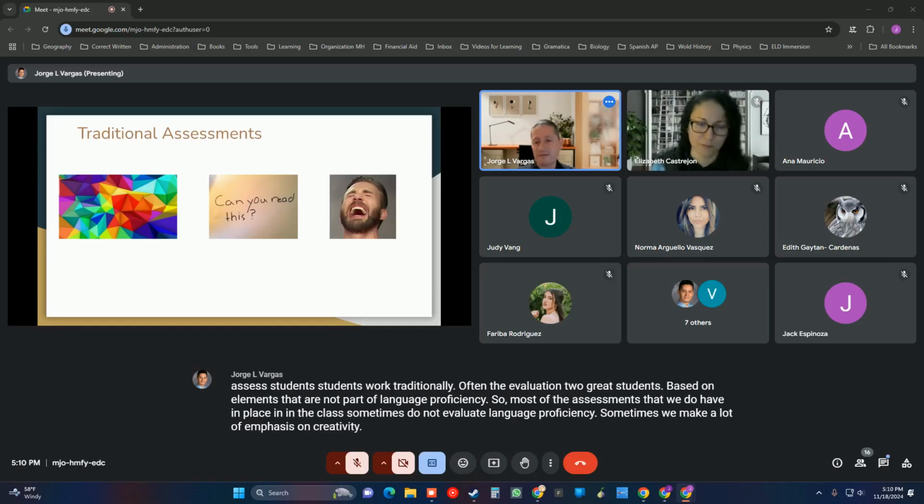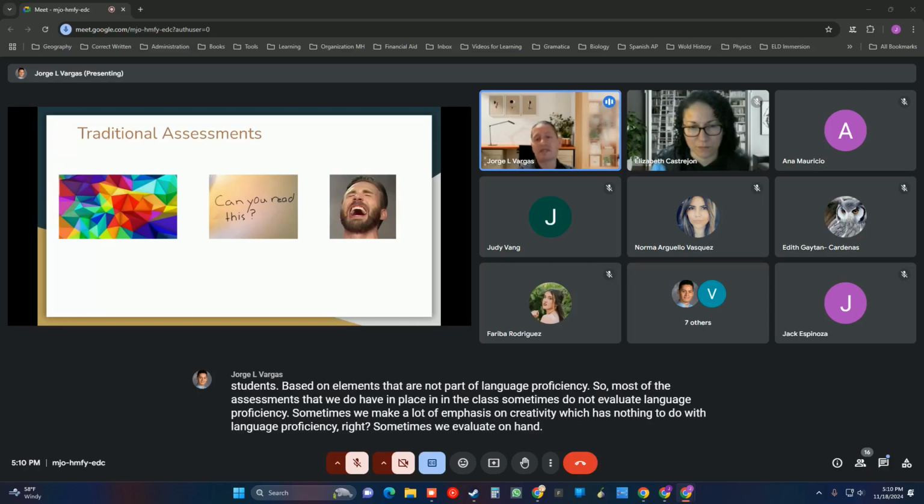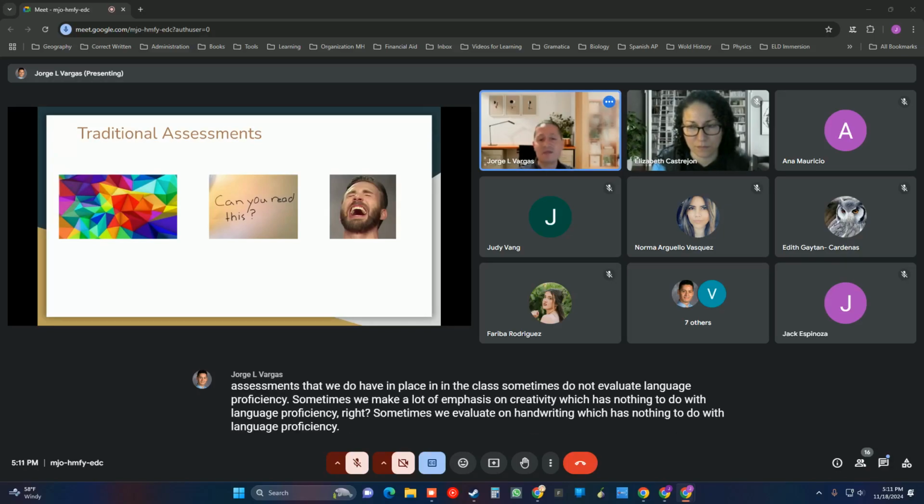So we need to be careful on how we select our assessment tools, and we need to make sure that whatever we decide on using measures language proficiency. That's a biggie.